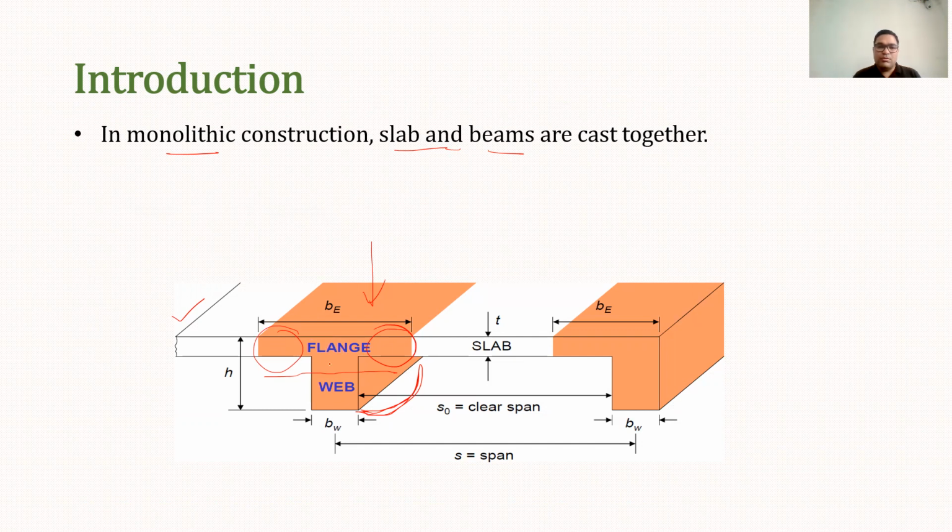So that is why we consider some part of the slab integral with the rectangular beam. As some part is attached with the beam, in this case, we can consider this as the flange part, and below is the web part.